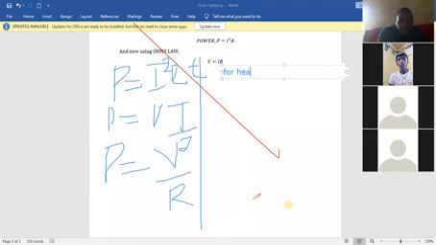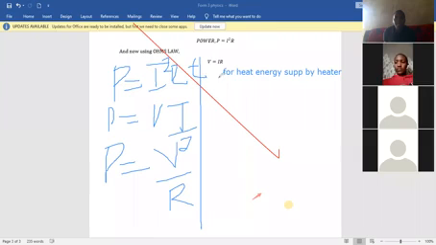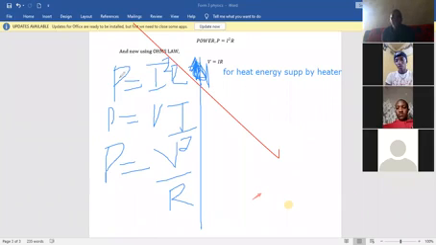For the heat energy supplied by the heater, the moment you get to this equation, you multiply here by T. Here, it becomes heat. So heat energy supplied by the heater can be given by what?